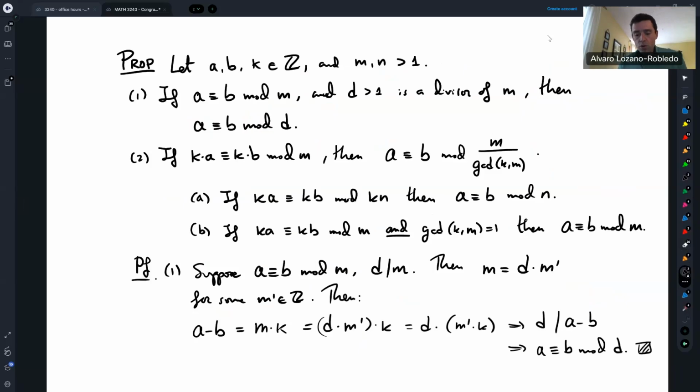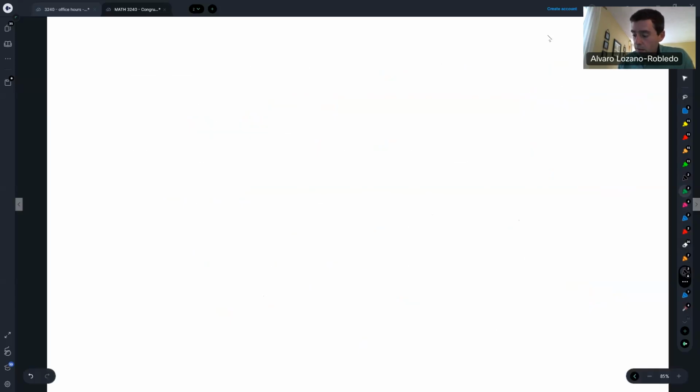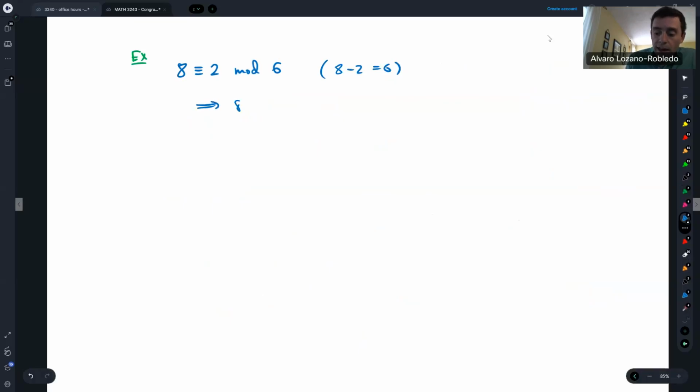Let me do a quick example here. 8 is congruent to 2 modulo 6, right? This is true because 8 minus 2 is 6. Then this also implies that 8 is congruent to 2 modulo any divisor of 6.